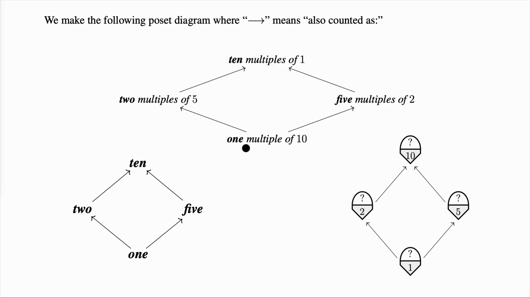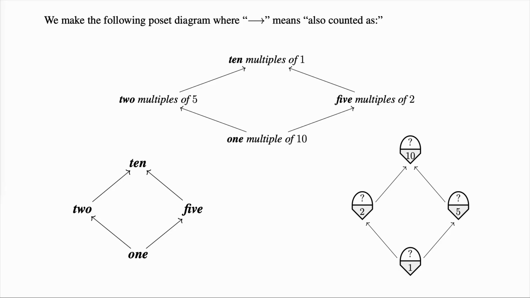From multiples of 10, if we go up to multiples of 5, what's new? Well, there's going to be one multiple of 5 that's not a multiple of 10. So the node will be 1, and that's what we'll get right there at that point.